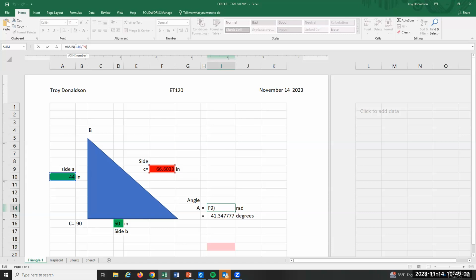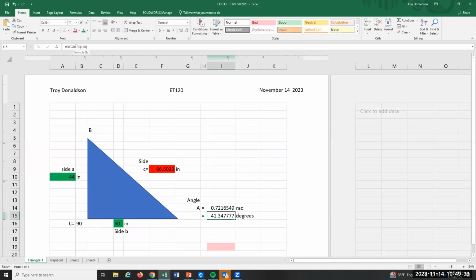So that's the two cells it's using for the equation. And this is kind of how I look at yours, is I just click on the formula and go down and see, oh, what they're doing, right? So it's going to take the arc sine of A10 divided by, so it's opposite over adjacent. That's why it's using sine.